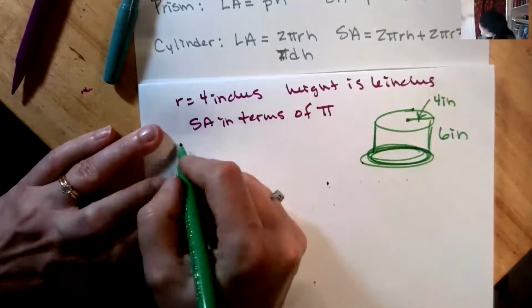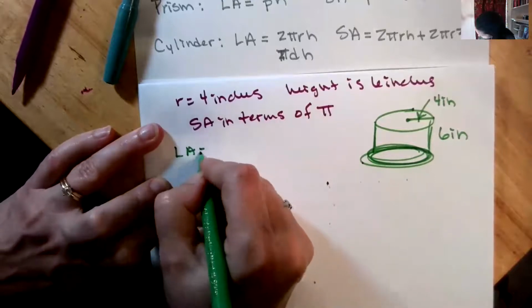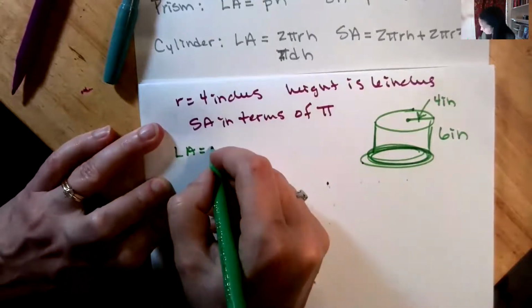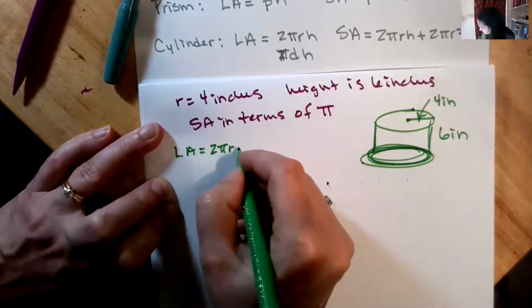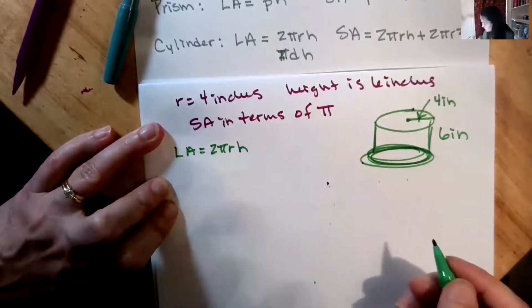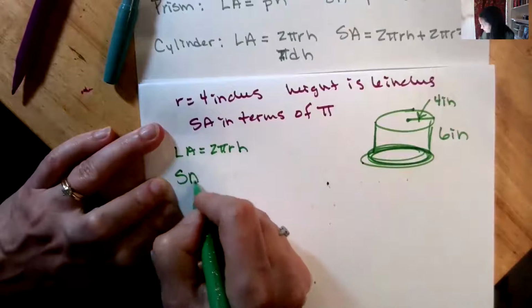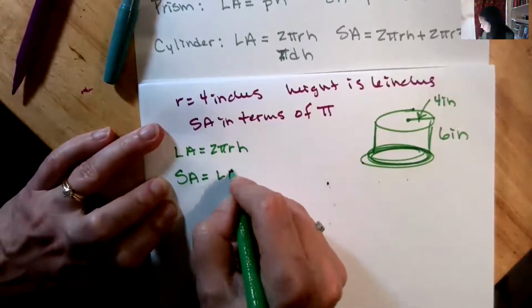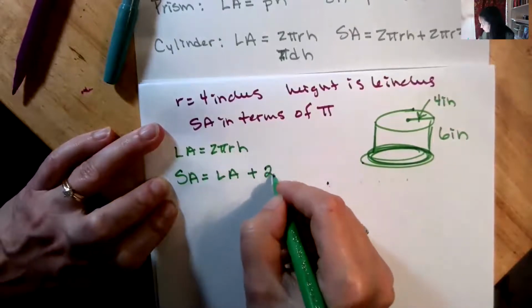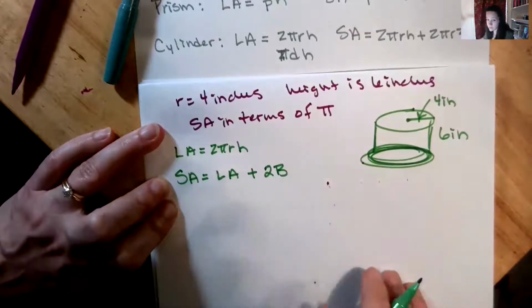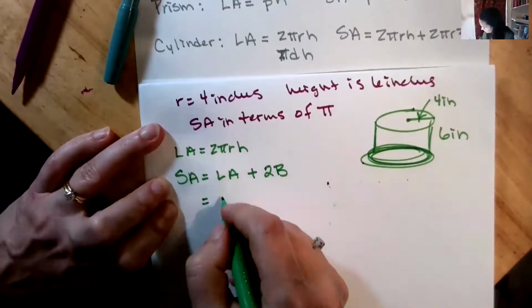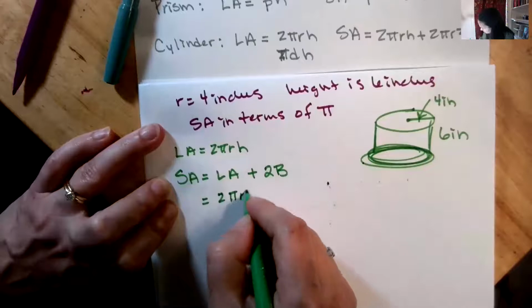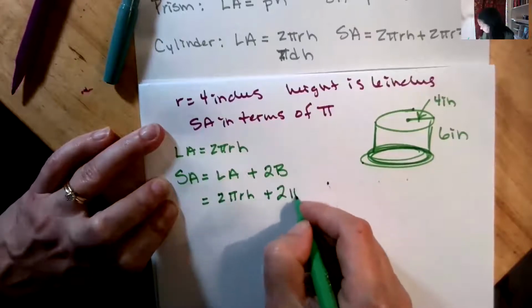Okay, so if I wanted to find my lateral area, I would say that that was 2 pi r times the height. Now, if I want to find my surface area, I'm going to have the lateral area plus the 2 bases. So my surface area will be 2 pi rh plus 2 pi r squared.